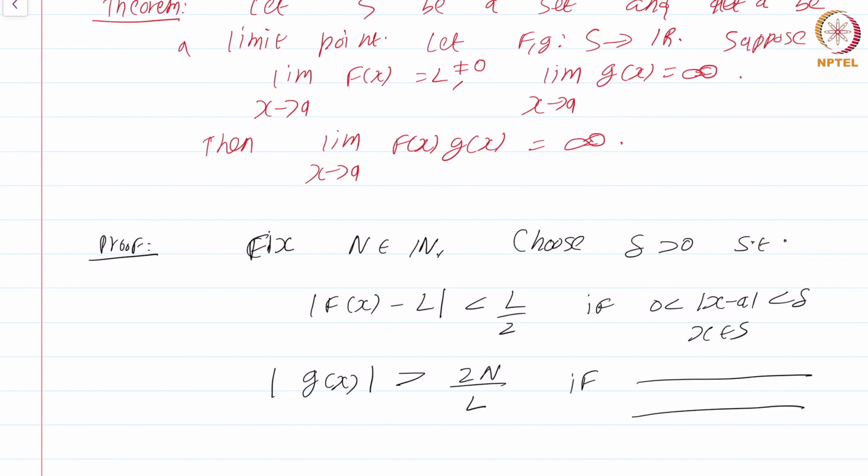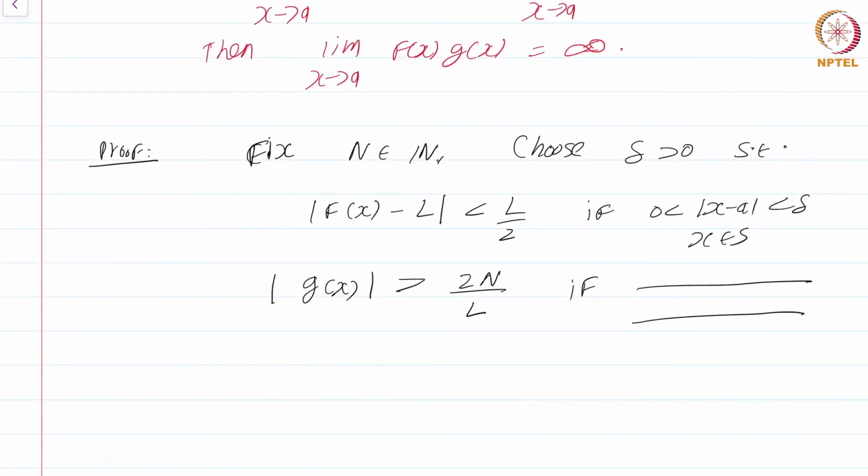So choose delta such that both these conditions hold. This can be done because you can choose delta such that the first condition is true, and you can choose delta such that the second condition is true. Therefore, you can choose a delta that is the minimum of both such that both conditions are satisfied.